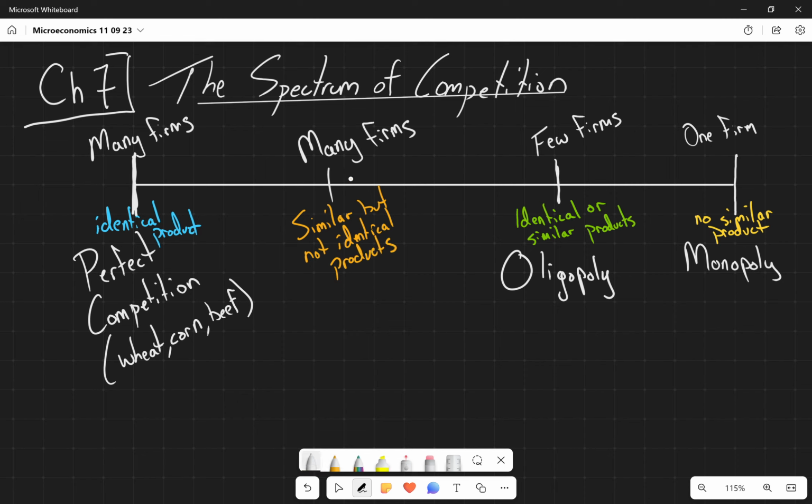This gets the weird name where we take some of monopoly and some of competition and put them together. We call this monopolistic competition, also sometimes referred to as imperfect competition.